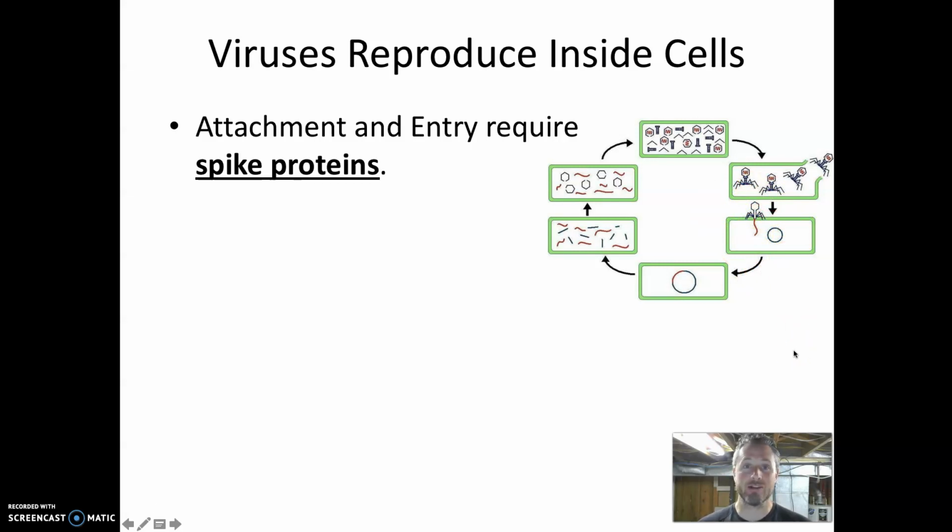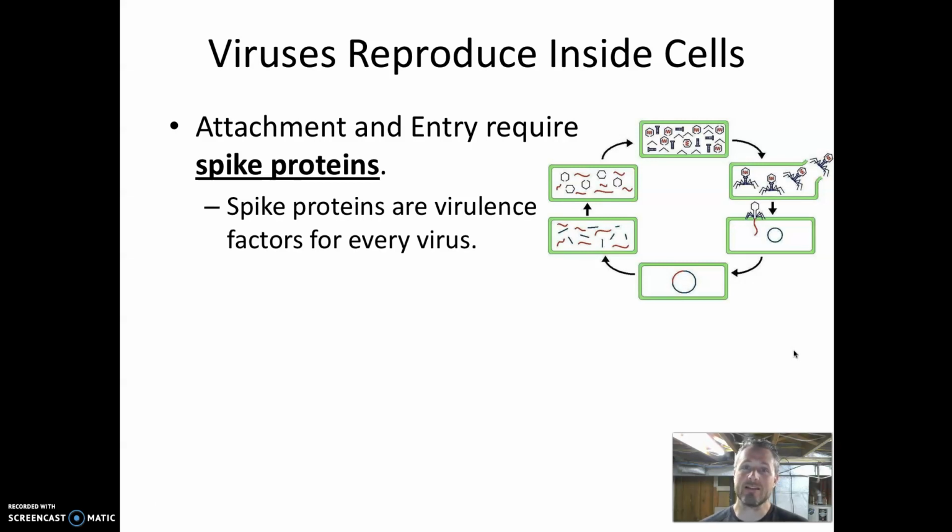Every single virus that exists has spike proteins. They might go by different specific names depending on the type of virus or the exact identity of a virus, but every single virus has spike proteins, and every single virus absolutely requires those spike proteins for attachment and entry.